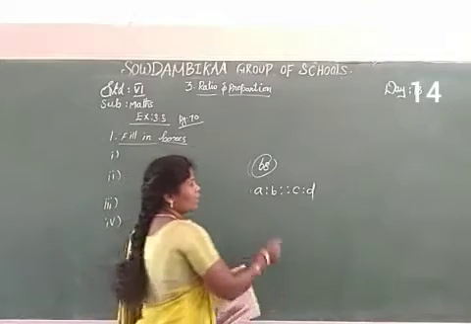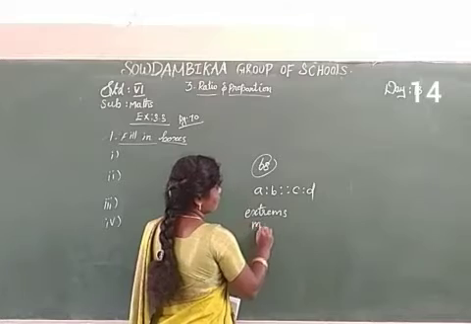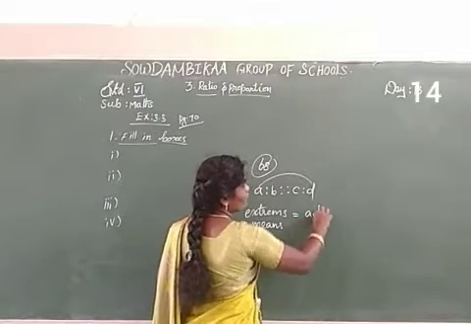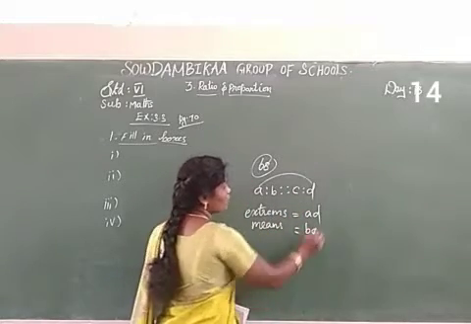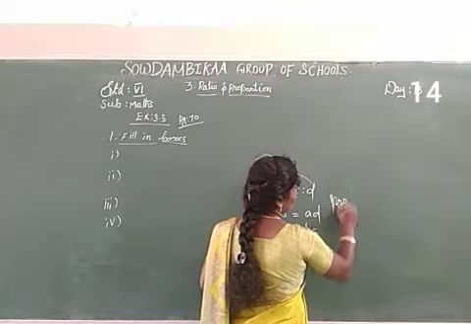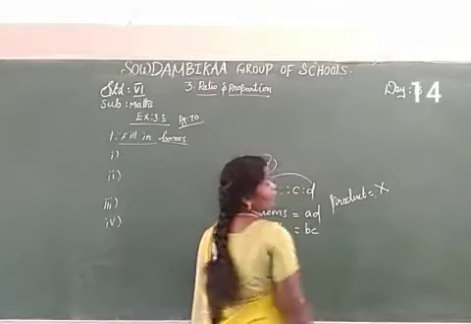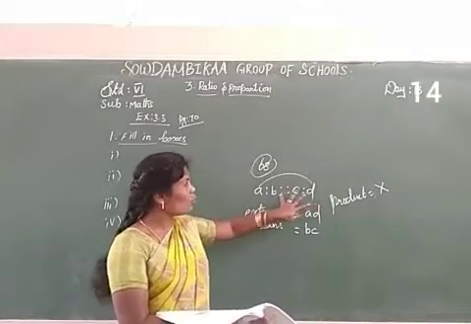Which ones are the extremes? A and D. Which ones are the means? B and C. The product of means, multiply. You multiply A into D is equal to B into C.